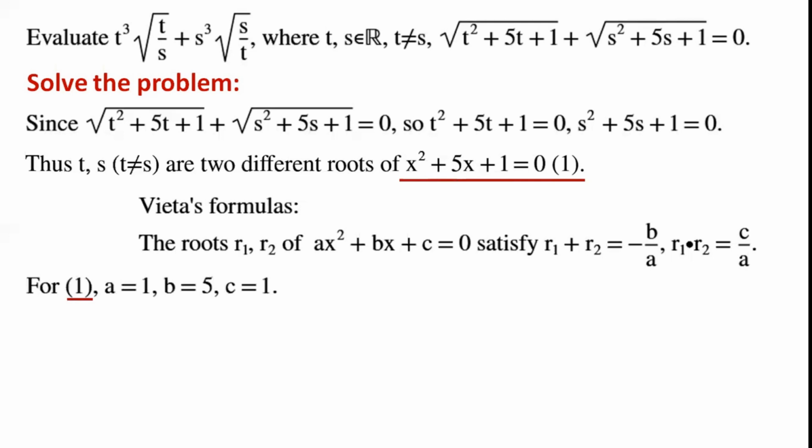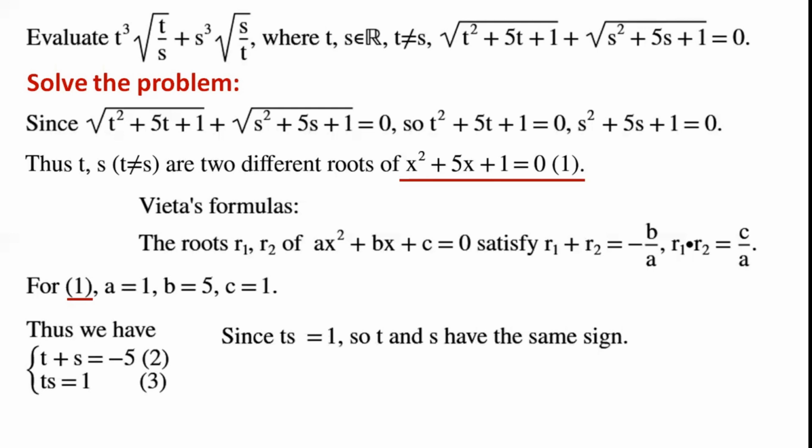For equation 1, a equals 1, b equals 5, c equals 1. Thus, we have t plus s equals minus 5, ts equals 1.